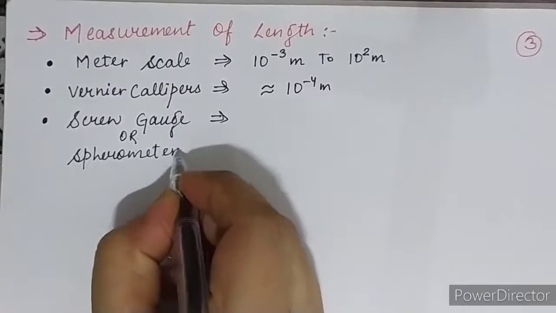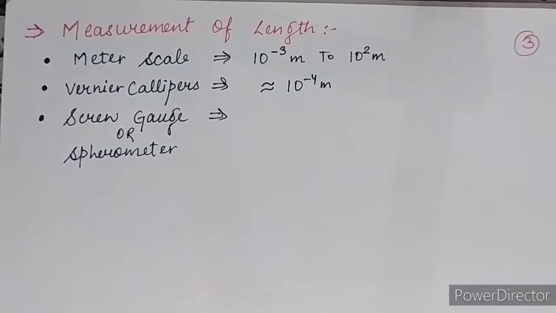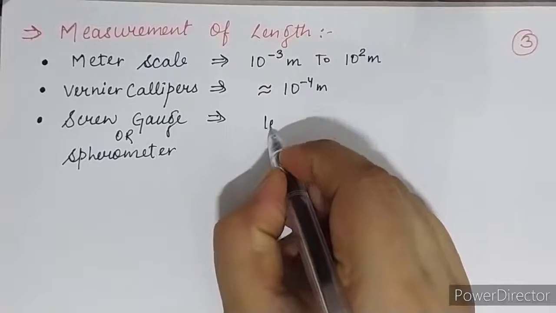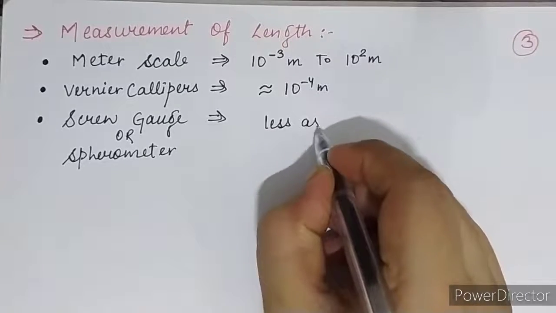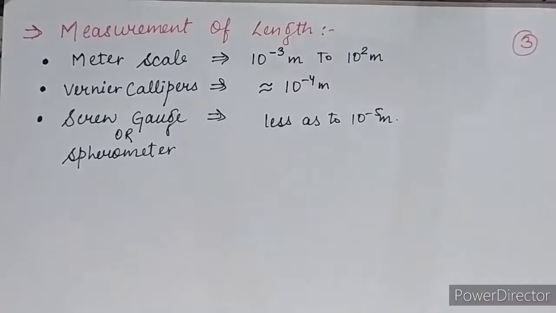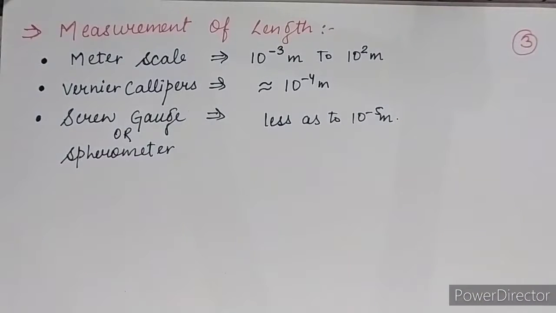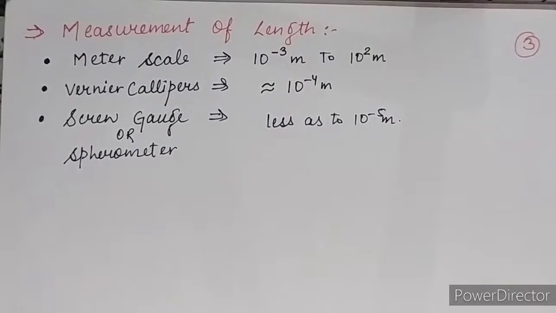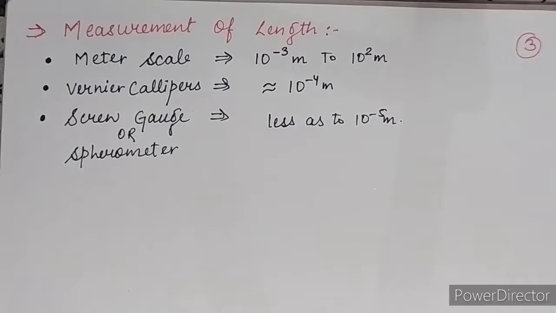These are the devices which are used to measure lengths down to 10 to the power minus 5 meter, not greater than this, but less than 10 to the power minus 5 meter. If we have to measure a length smaller than 10 to the power minus 5, then we do not have any appropriate device that can easily measure that length.